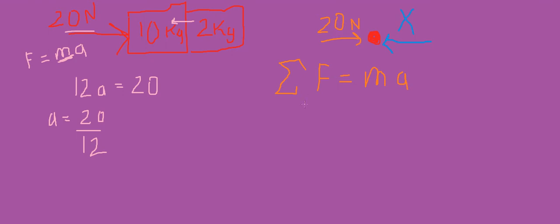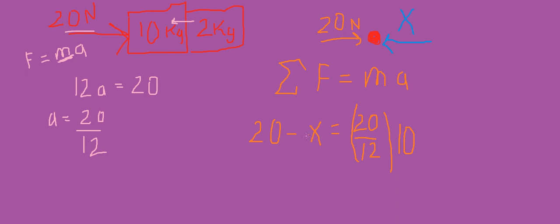And in this case, for the 10 kilogram object, considering to the right as positive, the sigma of all forces would be 20 newtons minus x, and we're solving for x, which would equal the acceleration of the object, which is 20 over 12, times the mass of this object we're observing for the free body diagram, which is 10 kilograms, right?